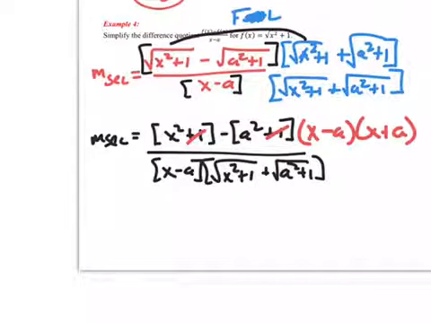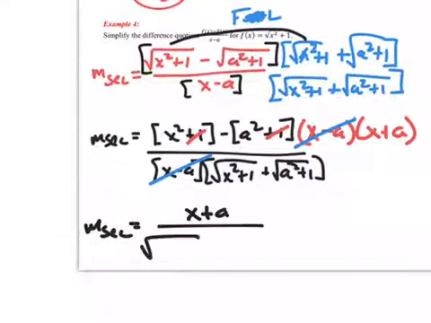And conveniently, x minus a cancel. So the slope of the secant line is represented by x plus a over the square root of x squared plus 1 plus the square root of a squared plus 1.